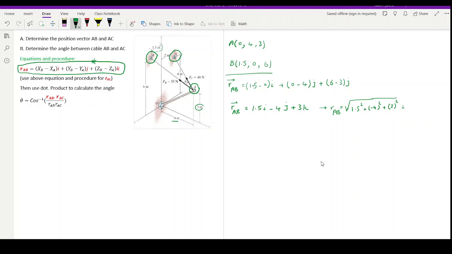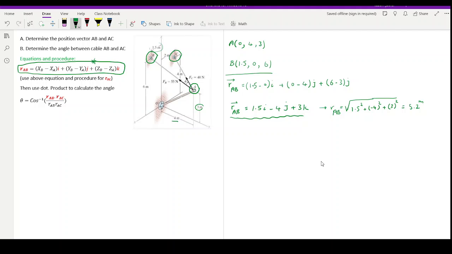And if you solve it, you will get something around 5.2 meter. So cable AB is 5.2 meter, and its position vector is 1.5I minus 4J and 3K.